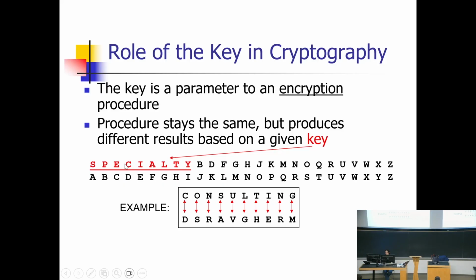Because here you see C and you map it to D. O becomes S. And N becomes R. So the word consulting, after encryption, becomes DSRAVGHERN, which if you see it somewhere, is just nonsense, right? But it is actually your encrypted version of the same word. And this is a very important concept to keep your data secure, such as your credit card information.